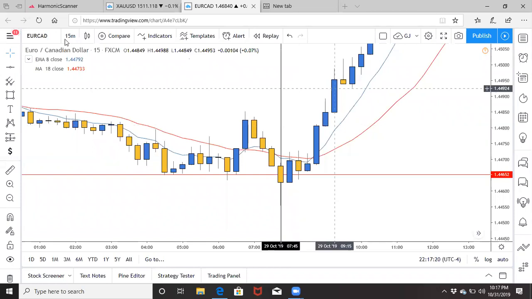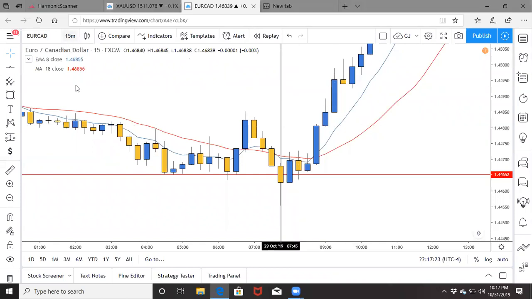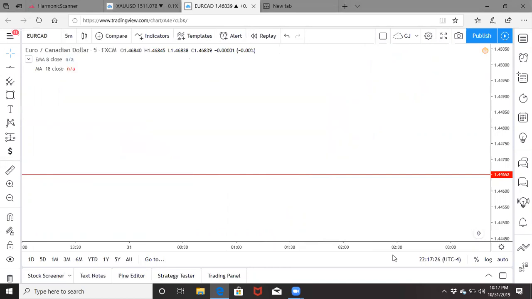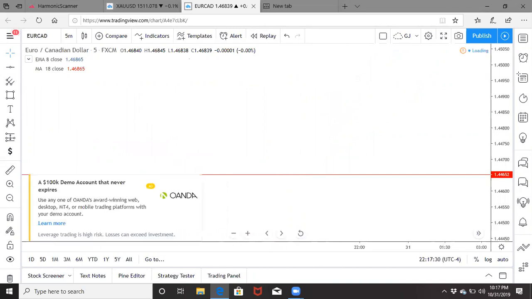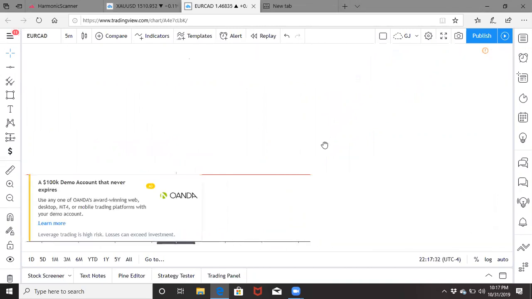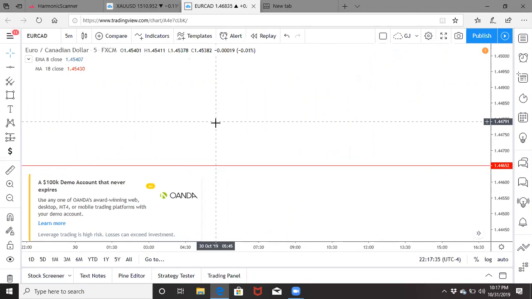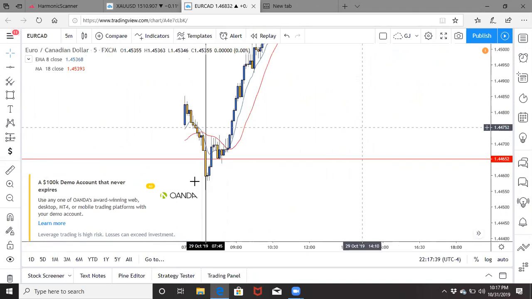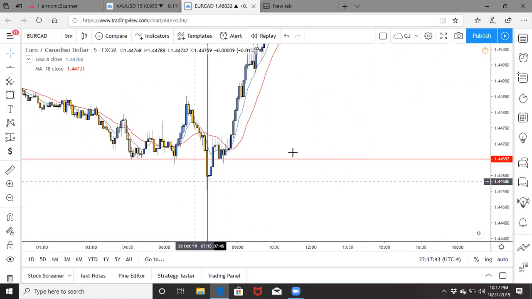Let's say you want more detail. Let's go down to the M5 and see what it looks like. So on the M5, you get more detail, right?